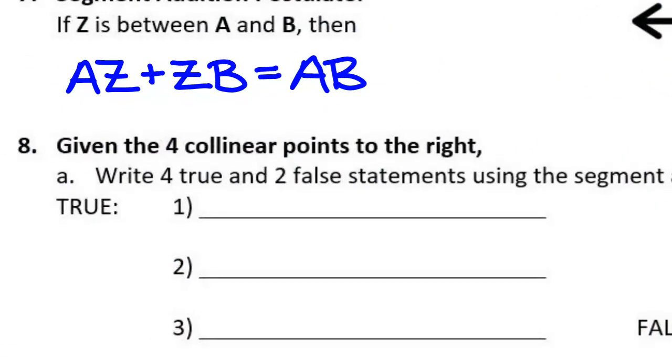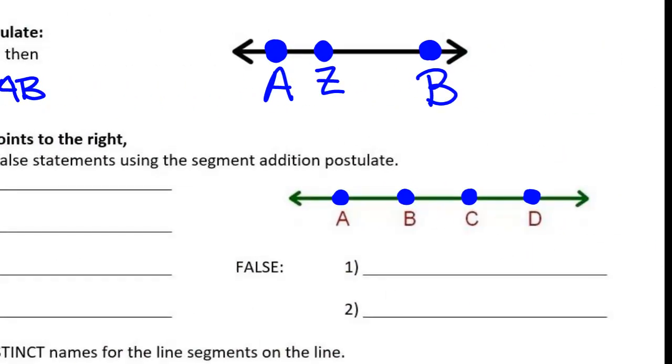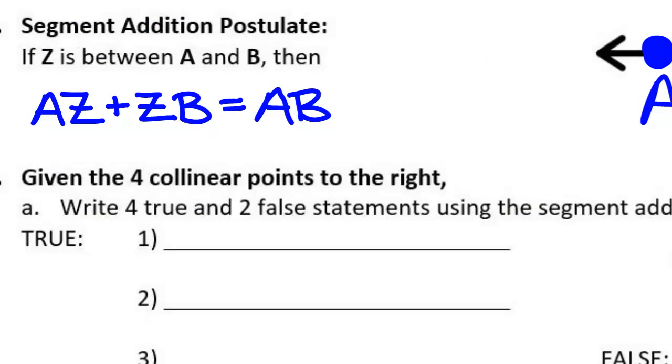So something true that I could say about this, I've got 4 points here instead of 3, but if I take segment AB and put it together with segment BC, if I add those two together, what's the big segment that it would give me? AC, yes. AB plus BC equals AC.